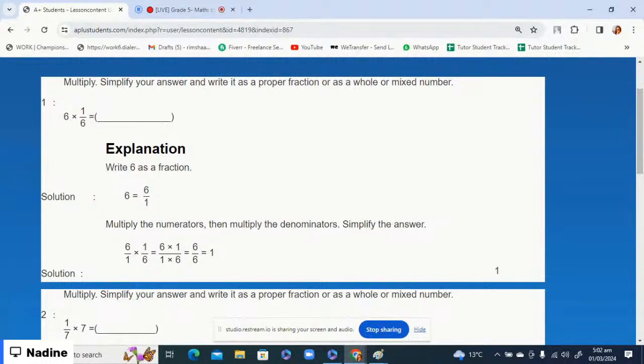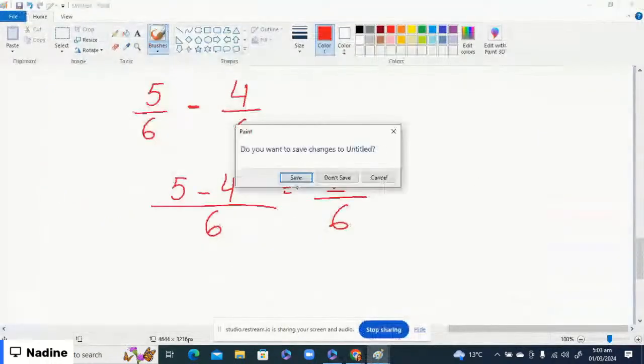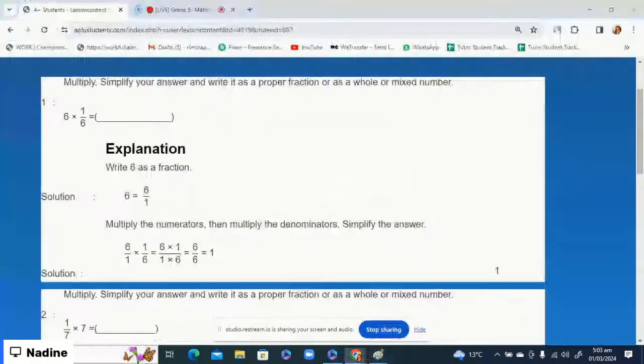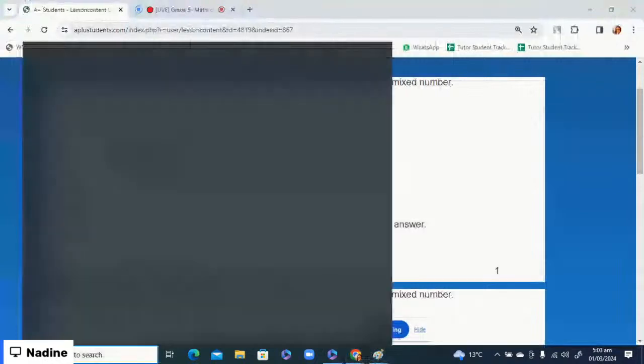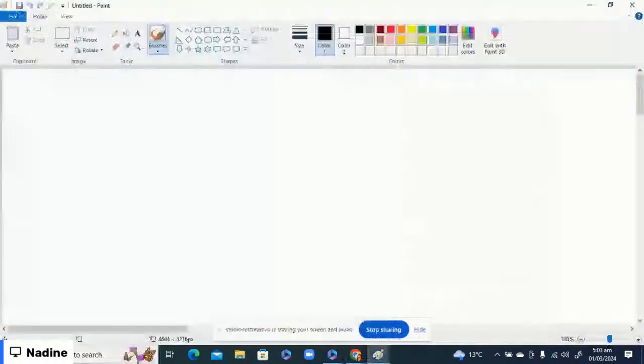Okay, so first of all, we make 6 a fraction. I'm going to write it here: 6 times 1 over 6. 1 over 6 is already in the form of a fraction.